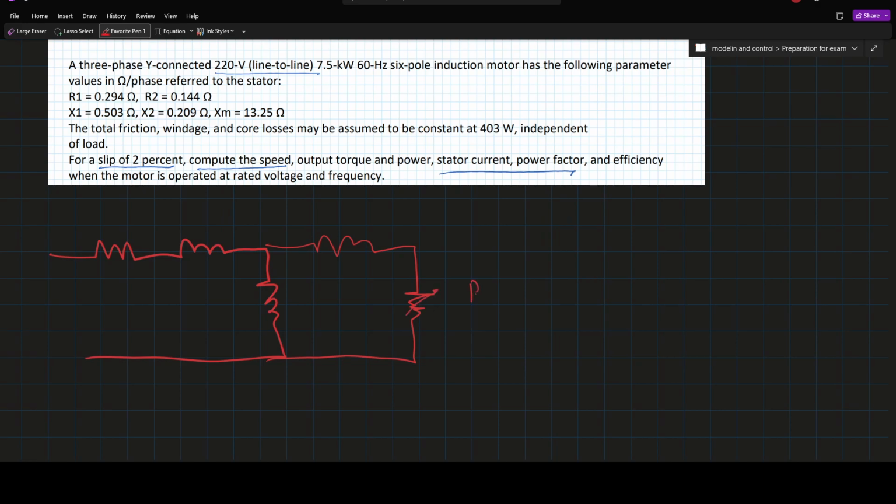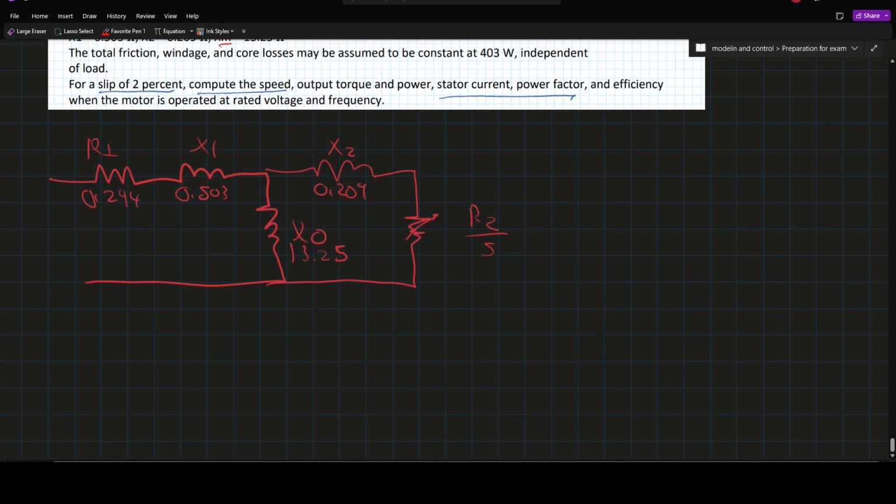Here we have our R1 of 0.294, this is our X1 of 0.503, this is our X2 of 0.209, and our X0 of 13.25. They call it X0, not XM, for mutual.